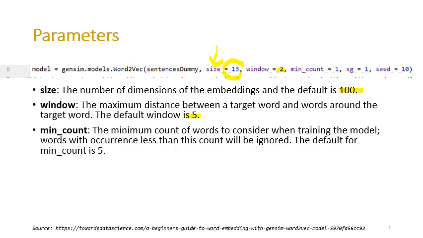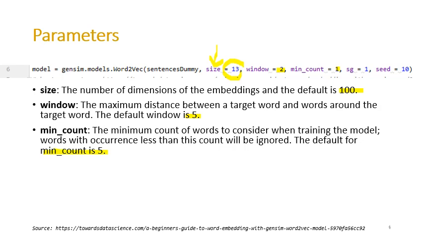Next, you can also say that you would only consider words that appear frequently enough. Here I set this very low because our example contains only 2 sentences. So I just set the minimum frequency to 1, minimum count. Otherwise, if your corpus is big enough, you can set this minimum count to 5, the default, or even greater.